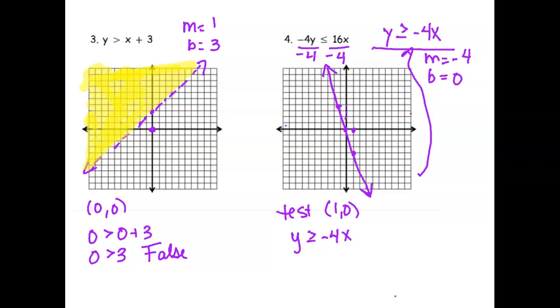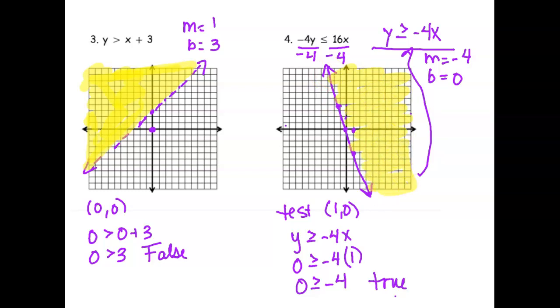So this is going to be 0 is greater than or equal to -4 times our x, which is 1. So 0 is greater than or equal to -4, which is a true statement. So that means we are going to shade that side. So we go here and we shade this side right here.